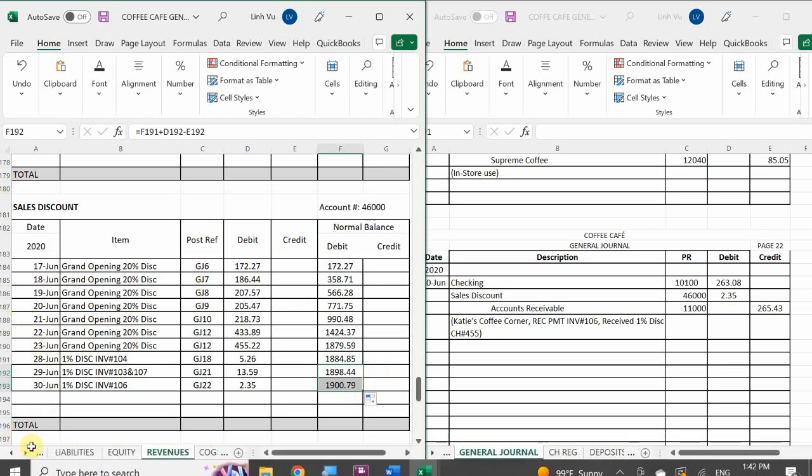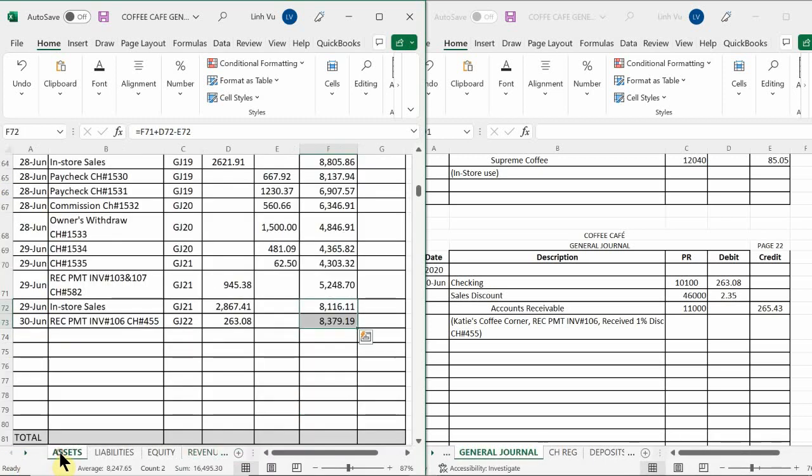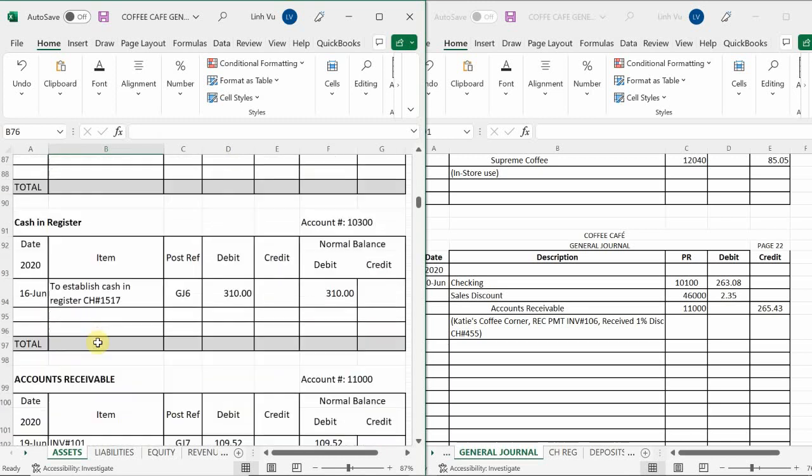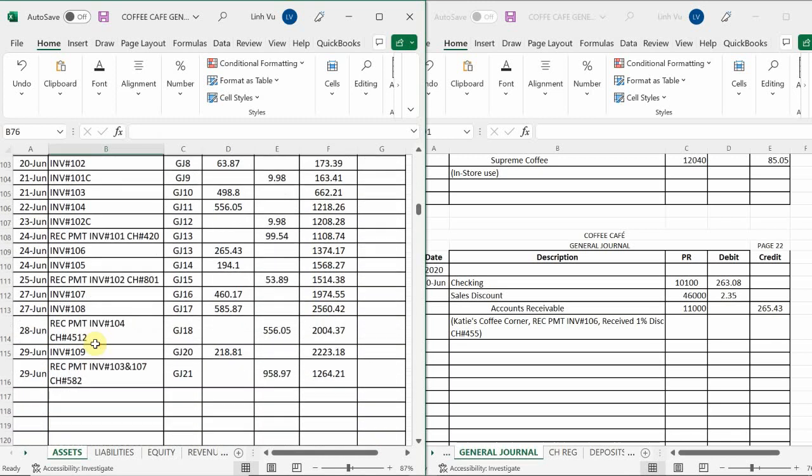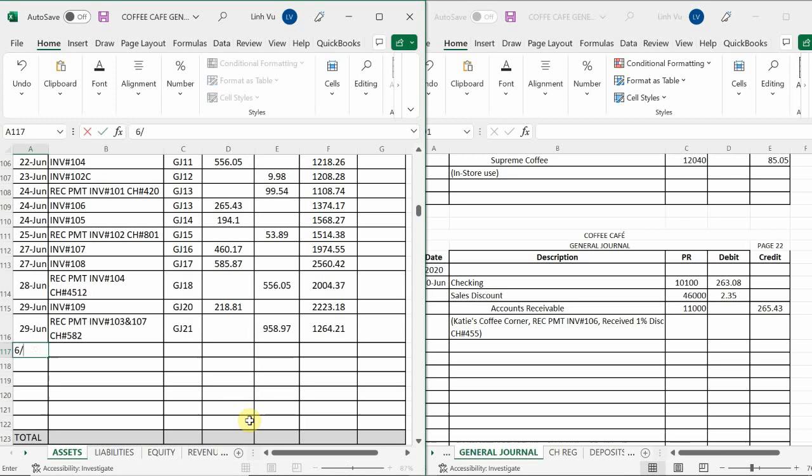And then last one, we need to reduce the accounts receivable balance on the assets. So it's invoice 110. I mean 106. For check number 582. Oh no, it's 455.